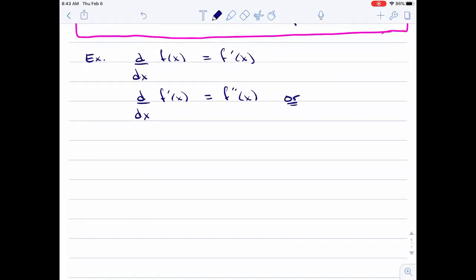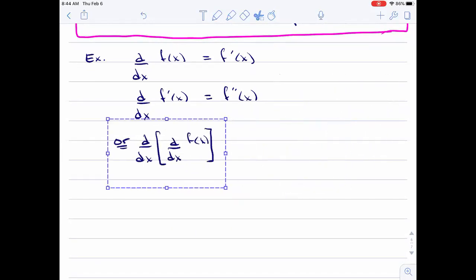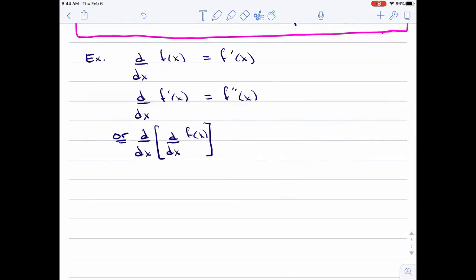Or if we do something like d dx of d dx f of x, instead of using the double prime, because that's the second derivative, first take the derivative and then take the derivative of that.